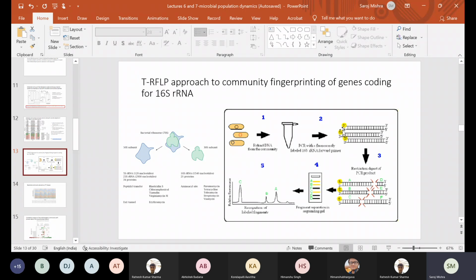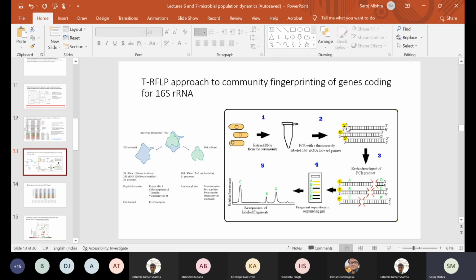So you see here, 1, 2, and 3, these are 3 different DNA molecules, and in the first cycle of extension, you have a fluorescently labeled forward primer. That means the 5' end of that particular primer is fluorescently labeled, and you have an extension going on. It's going to bind at this particular location.